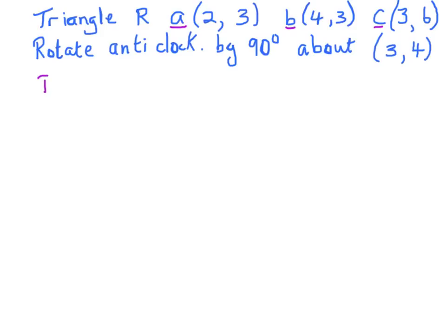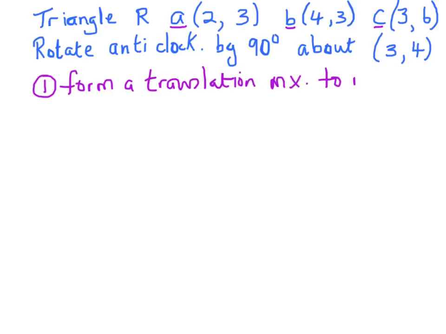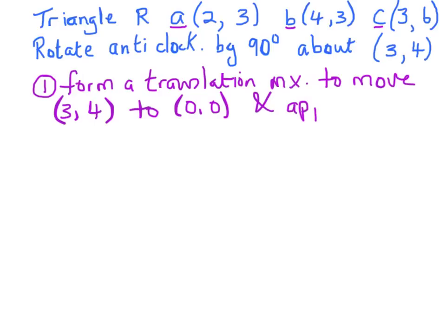The first step was we formed a translation matrix to move 3, 4 to 0, 0, and you're going to have to apply this to R, the triangle.